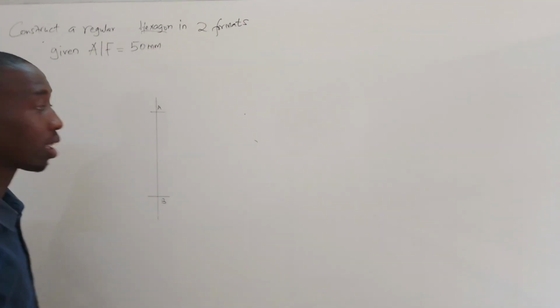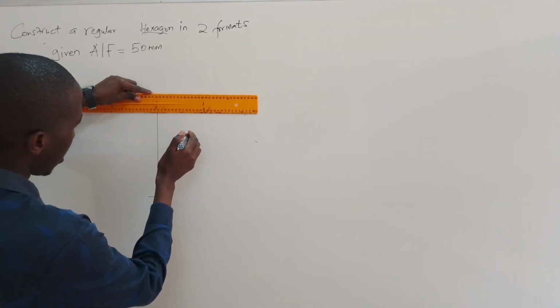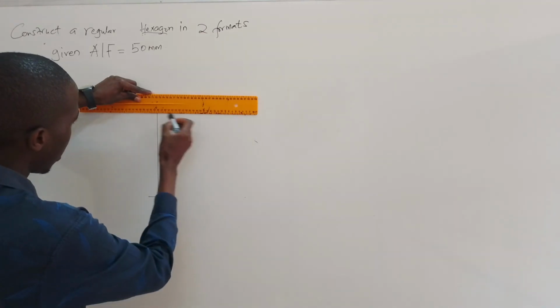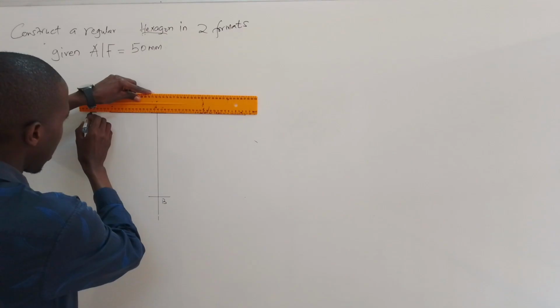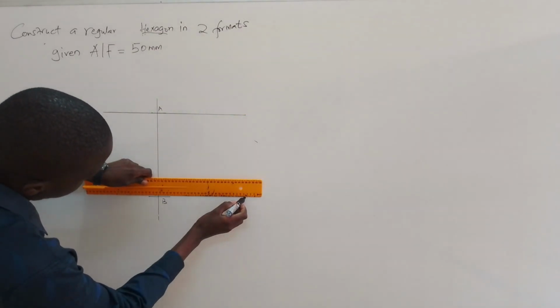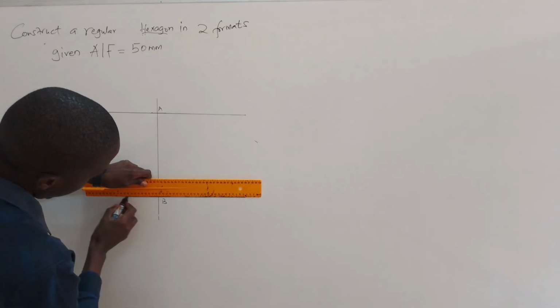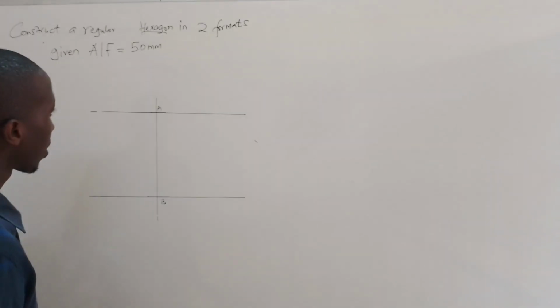You can construct the angle, or you just measure, and then produce a small construction line here, and then you make your drawing. Now let me have my center.